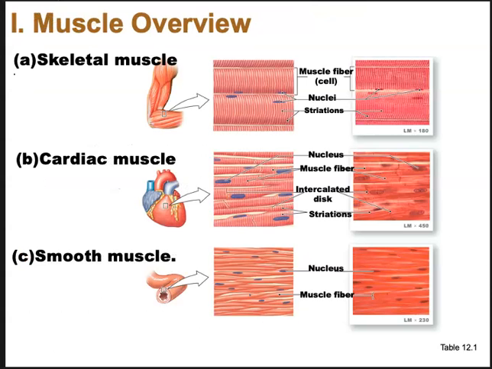This is an overview of the three muscle types, Figure 12.1, but you can also look at the table that really summarizes the three types. We've gone through this in tissue. Hopefully this is carried over into this area. Skeletal muscle fibers are cylindrical in shape.